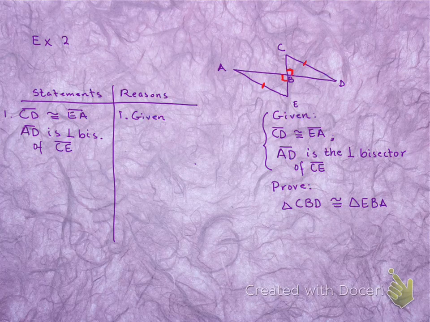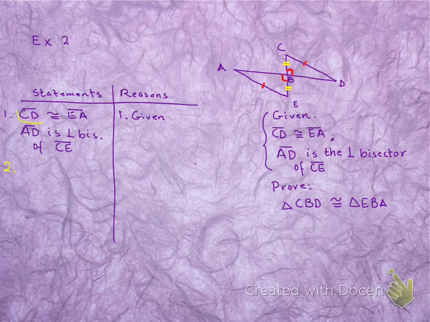Now, the bisector part is when the AD segment cuts CE directly in half. So, right there and right there. Okay? So, what we know because of the perpendicular bisector is what leads us into statement 2.